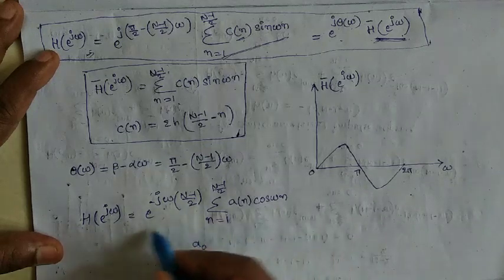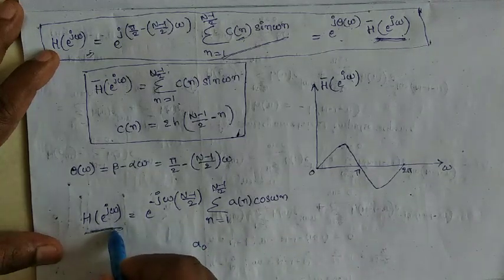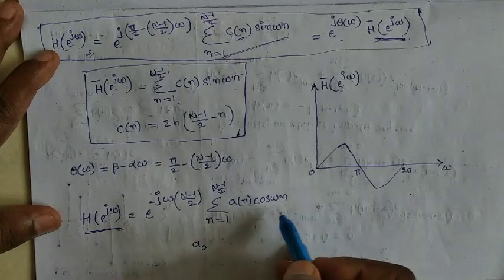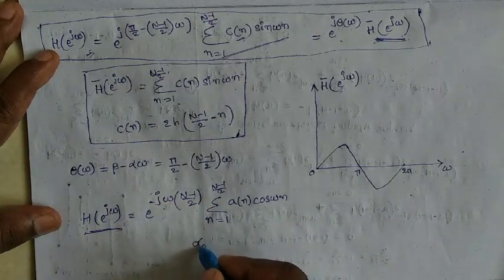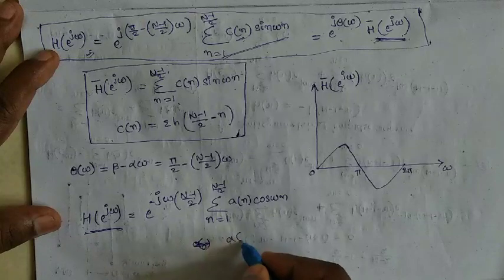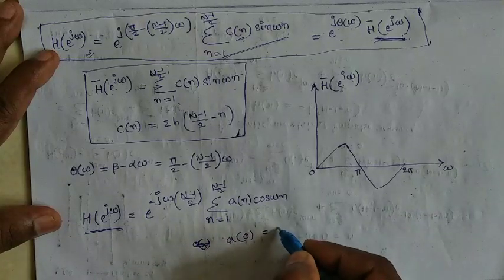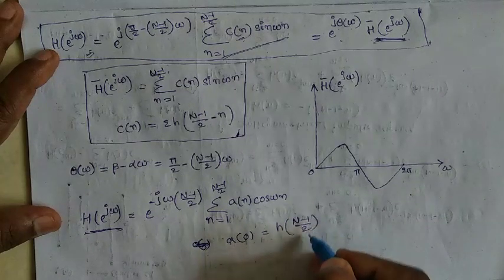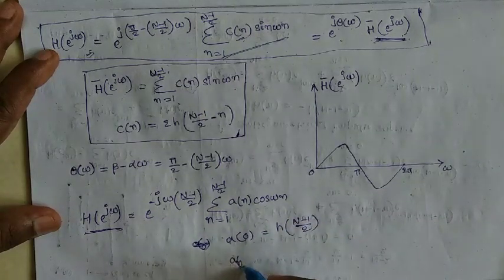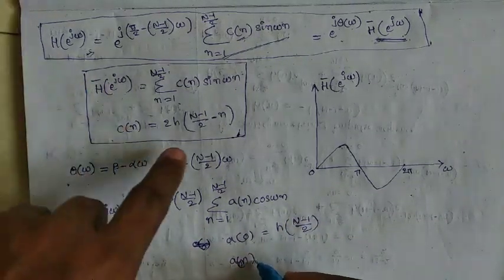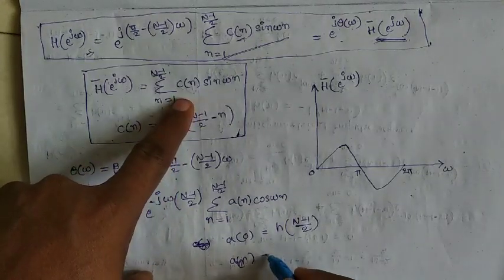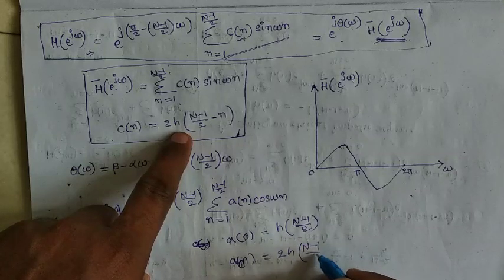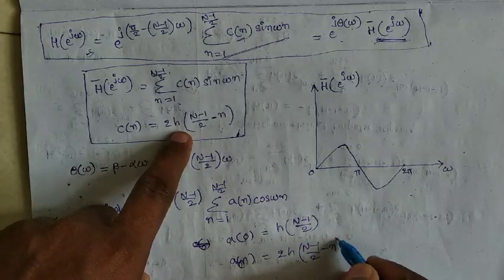This is the frequency response of symmetrical impulse response, capital N odd. A of 0 is calculated as h of capital N minus 1 by 2. Here how to calculate the a of n value? A of n is similar to the c of n, that is 2 into h of capital N minus 1 by 2 minus n.